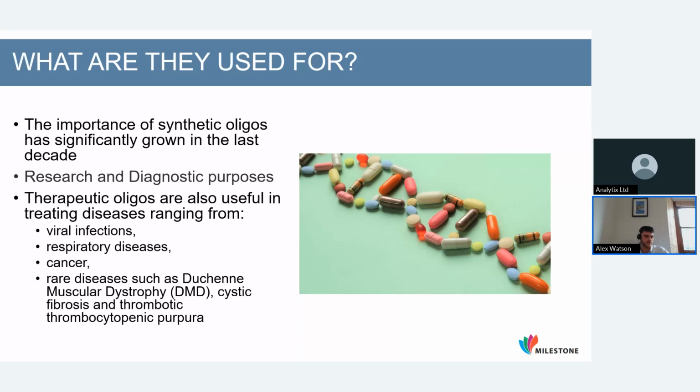So for example, cystic fibrosis or DMD. So a really huge range of applications from research to pharmaceutical, and we're seeing a really growing trend in this. And we envision that in the next 5-10 years, particularly therapeutic approaches are going to be based around oligos.